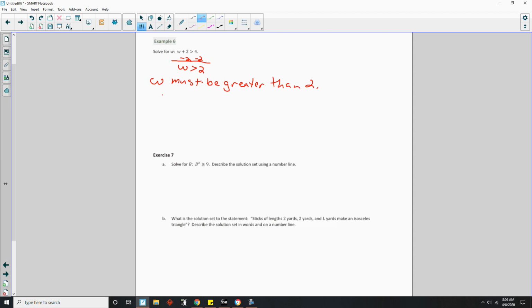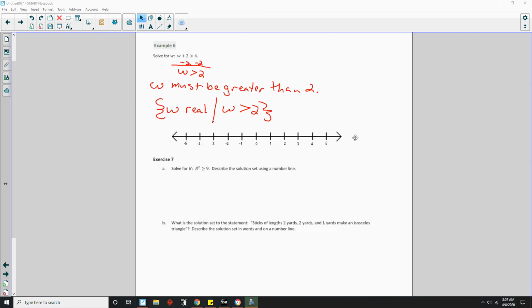In set notation, you would say the set of all w that are real such that w is greater than 2. Okay? And graphically, you would have a number line. Actually, let's make this a little neater. I'll bring in a number line. Okay, so here's a nice, neat number line.